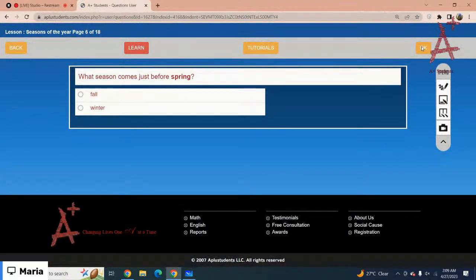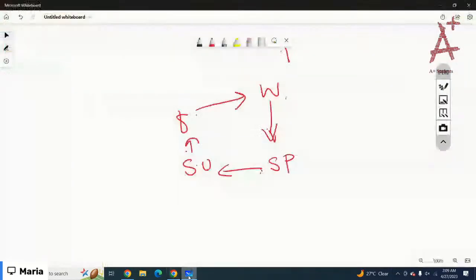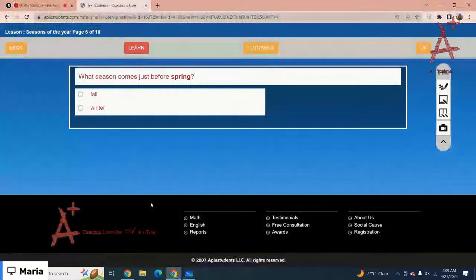Okay, which season comes just before spring? Here is spring. Got it? So before spring we have winter.